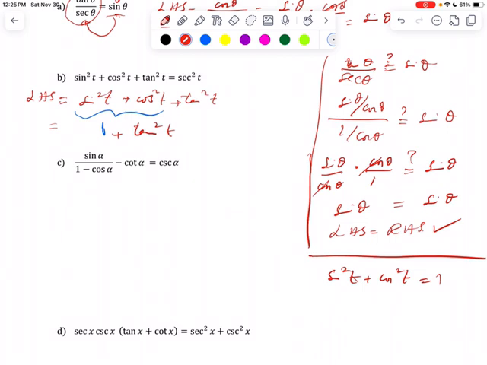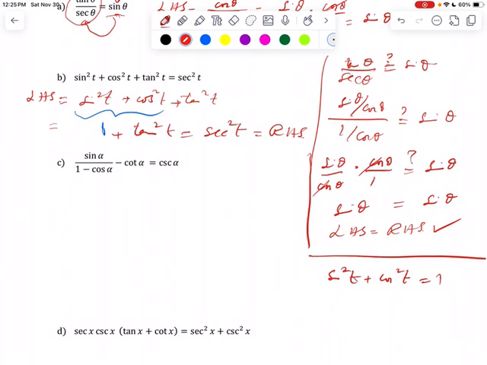Now what is 1 plus tangent square t? If you have memorized the other Pythagorean identities, then this is the second one. So this gives us equal to secant square t, which is our right hand side. So it becomes so simple.